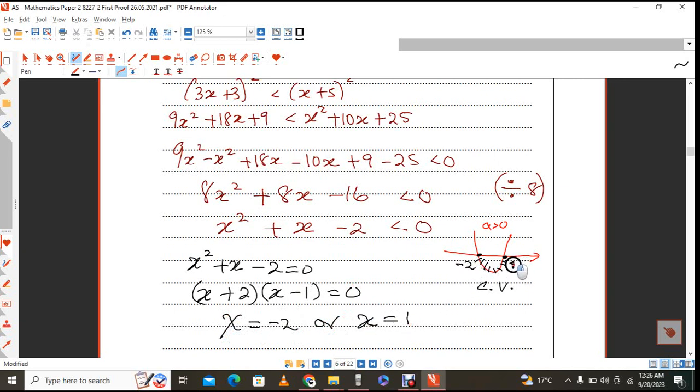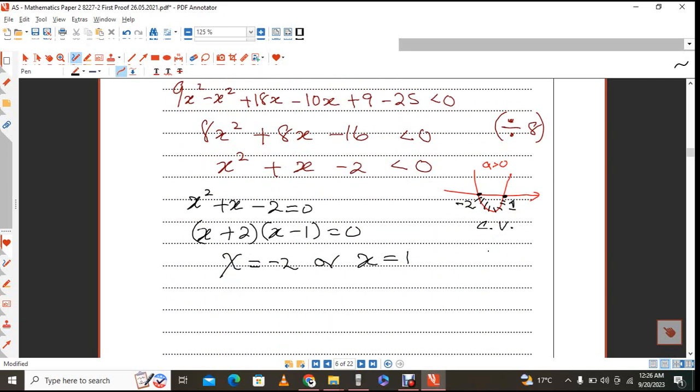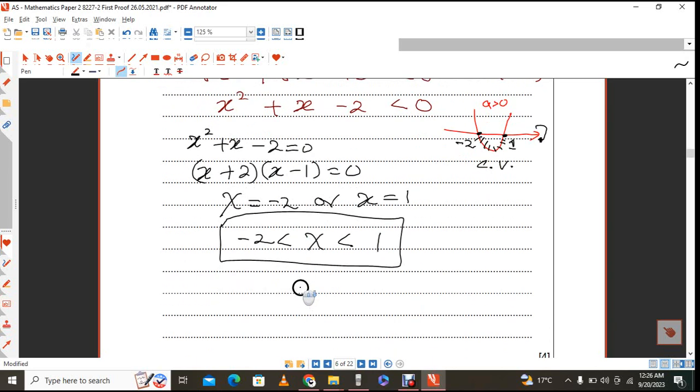So your answer will therefore be a range below the x-axis, okay, below the x-axis. So x is going to be between negative 2 and 1 respectively. Okay, right, so let's go to question 4.